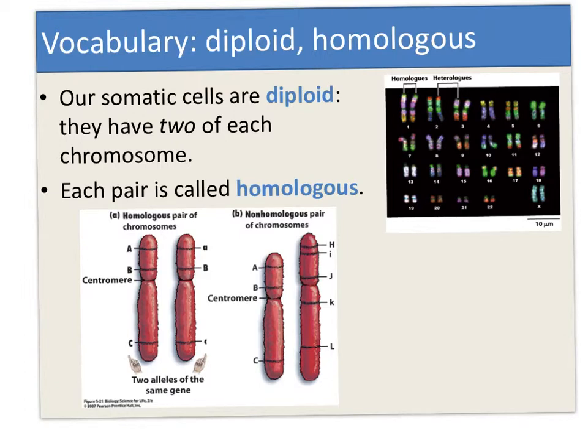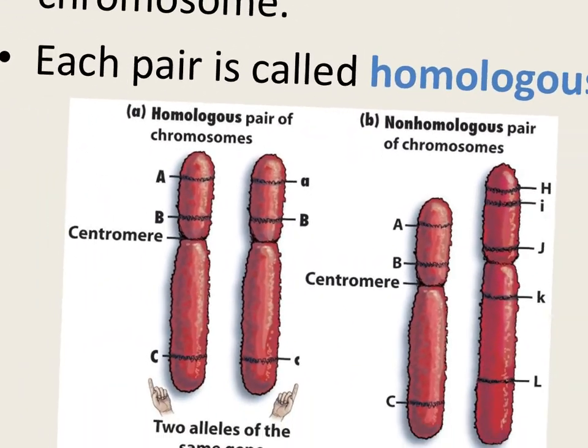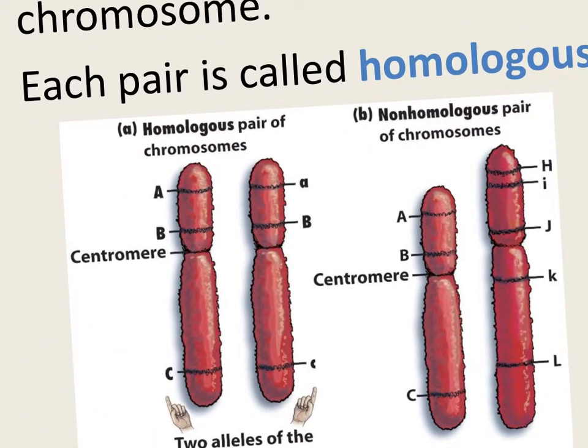They're homologous, which means there's a total of 22 pairs of chromosomes, and then another pair that are not homologous, an X and a Y. Homologous chromosomes are one from each parent, and they have the same genes, though they might have different alleles.